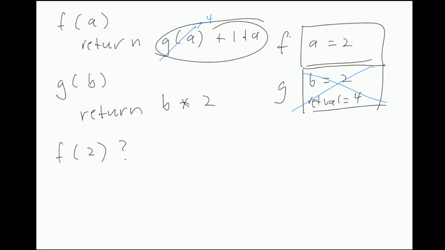Questions on this? This kind of high-level description of how function calls work in memory? Yeah. Would you put in the stack there a temporary variable equal to 4? So actually, in your machine, effectively, yes, there will be a temporary variable that's created.